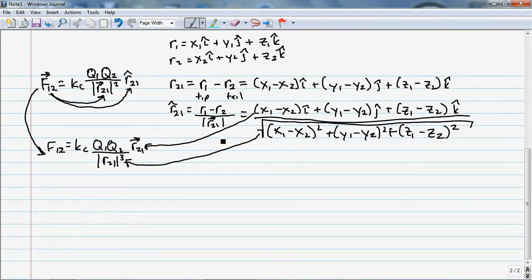So in some problems you'll see us do that. It's just a simplification, a little bit less work.